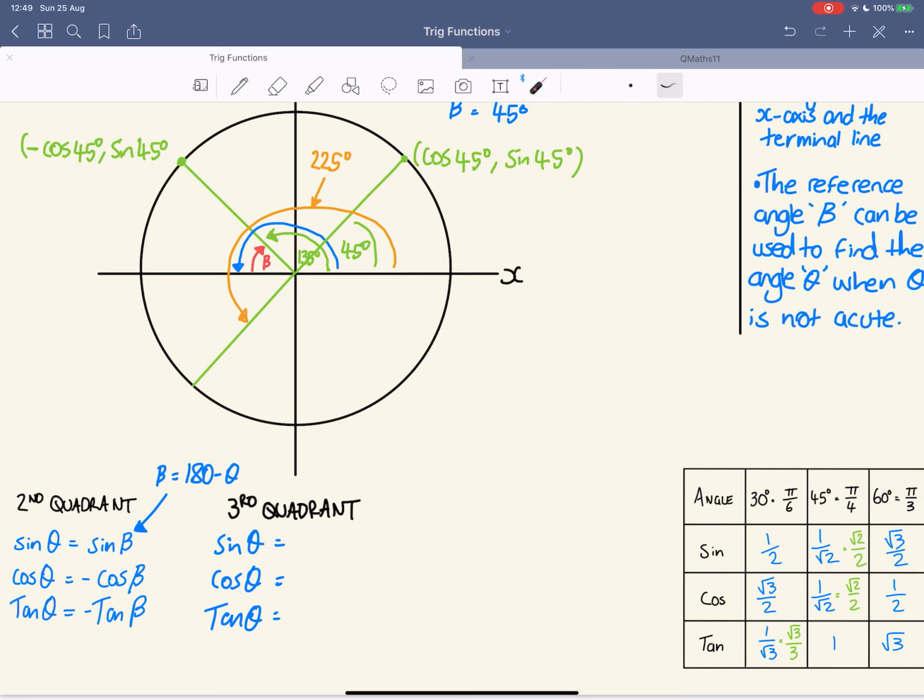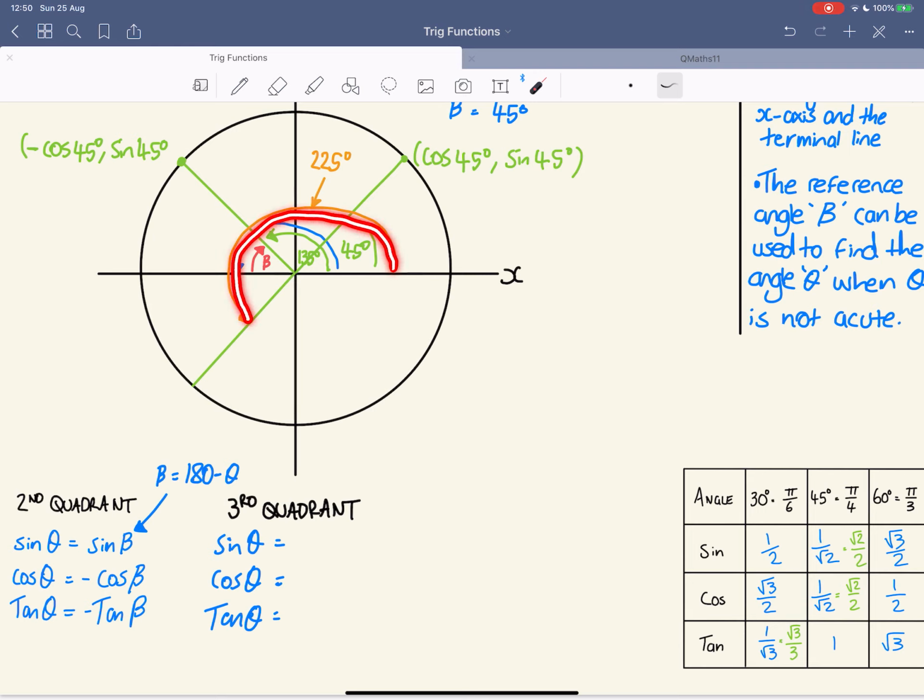We know that we can use the reference angle. Well, let's think about it. To go all the way around, to find out what the reference angle is, which is the distance between the terminal line and the x-axis, let's think about it.